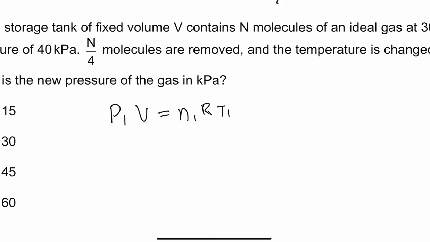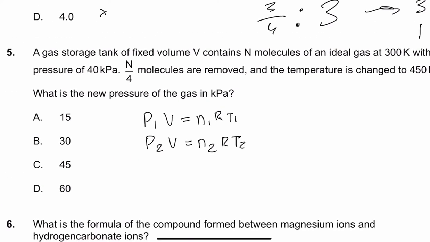So we have P1V equals N1 R T1. That changes to P2V equals N2 R T2. Okay, so now we have that. Now, of course, we can remove the constants when we're actually solving it, but we have a rough understanding of what we're going to have to do here.